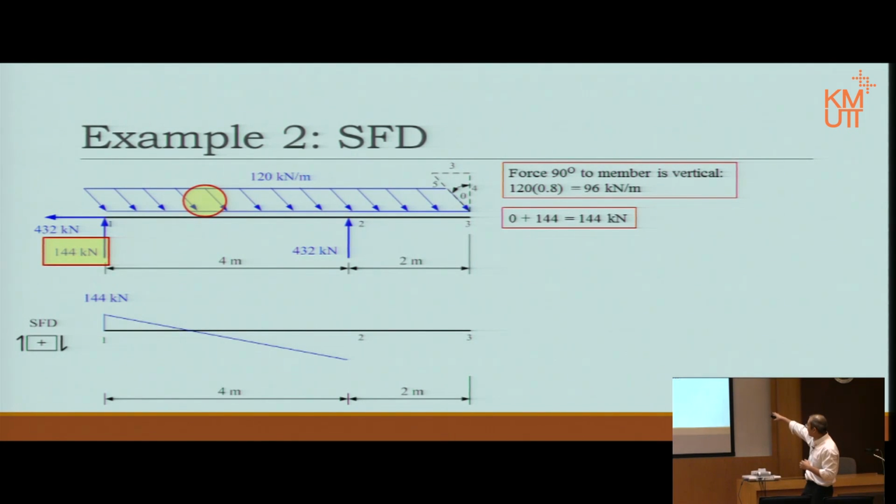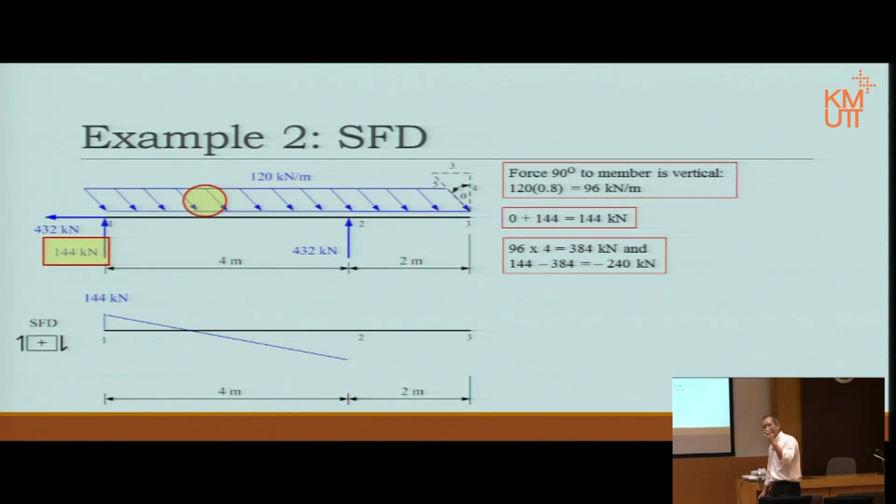Because it's always 96 kilonewton per meter, meaning 1 meter always changes 96. If the change is consistent, it is a straight line function, so we'll draw a straight line function downwards. The total change in 4 meters: 1 meter 96, 2 meters 192, 4 meters then 384.